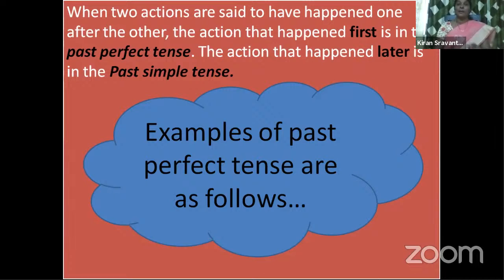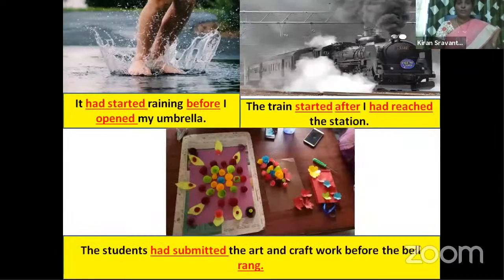The action that happened first is in the past perfect tense, and the action that happened later is in the past simple tense. So the first completed action would be expressed in past perfect tense, and the later completed action in past simple tense. This we have to remember. And what are the clues that they give, before or after? That also we have to remember. And let us look at the first example.